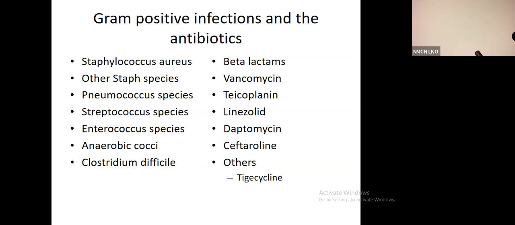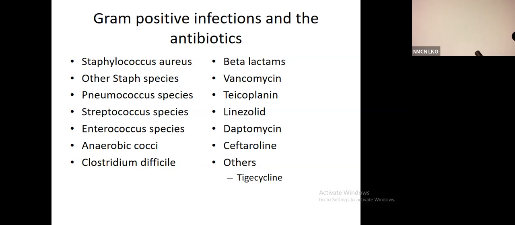Ceftaroline is the new what generation? Fifth generation cephalosporin. As was said yesterday, the world is very much concerned about MRSA. We do see MRSA, but we are more troubled with gram-negatives in our country.